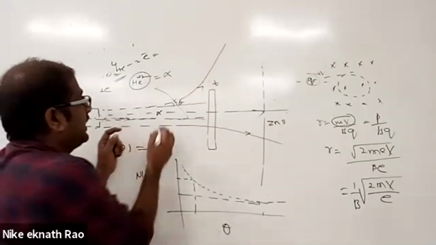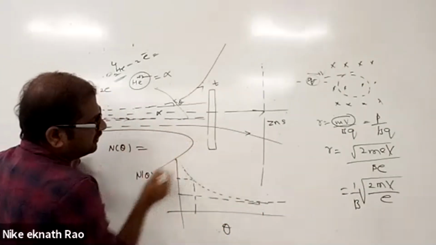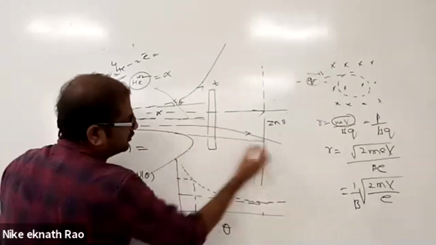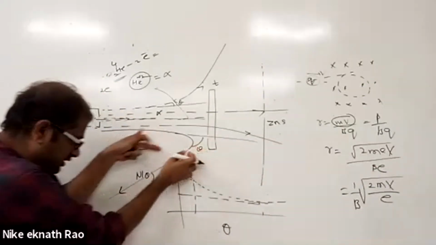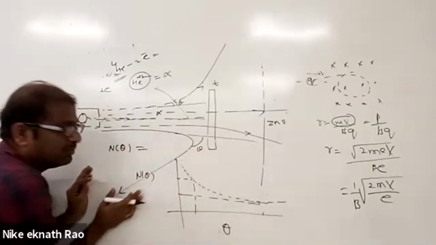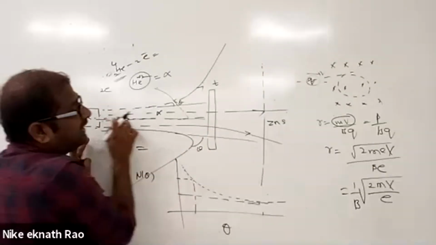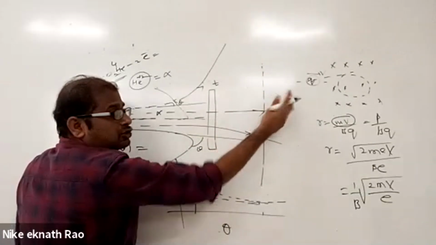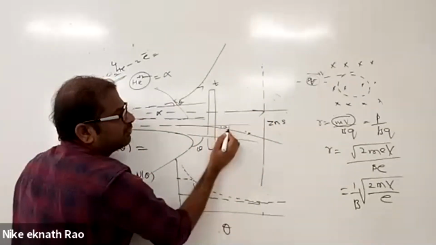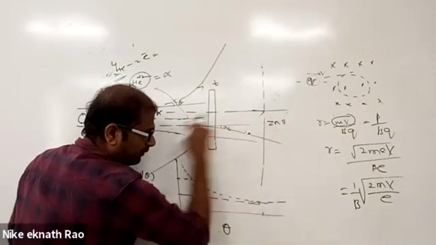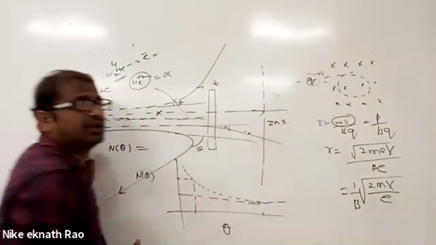That means the angle through which they deviate is more like this. If this angle of deviation is more, then the number of particles scattered through this angle will be less. If the scattering angle is less, there are more particles. This angle is very small, and this kind of alpha particle is more here.